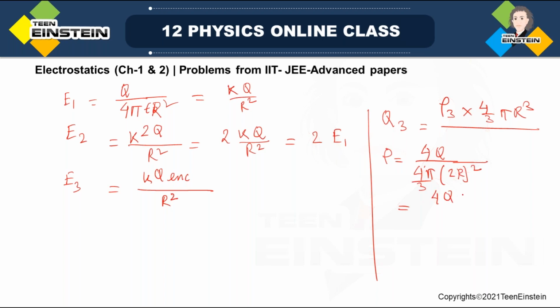So what we can get from here is 4q into 3 divided by 4 pi, and here again 4, this is r cube, so it is 8 r cube.